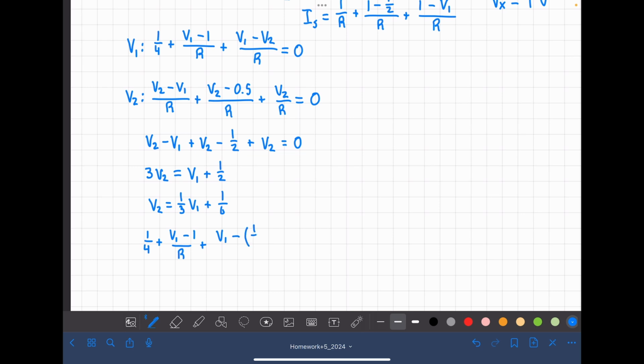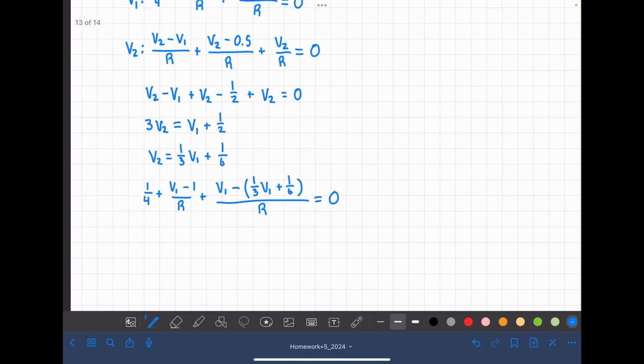Plugging it in, we get 1/3 V1 plus 1/6, all that over R. I think again, we'll just multiply by R. We get R over 4 plus V1 minus 1 plus V1 minus 1/3 V1 minus 1/6.